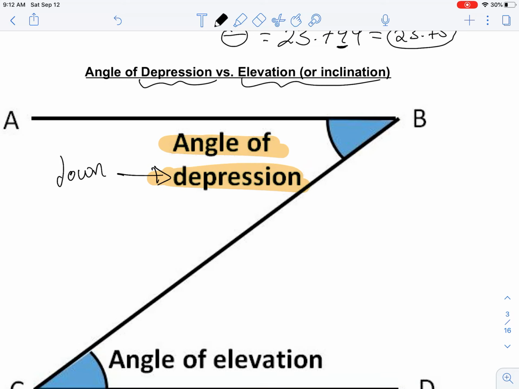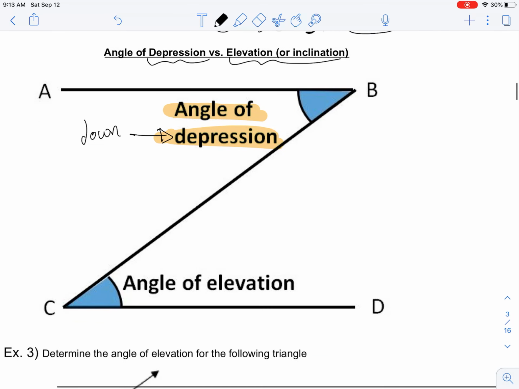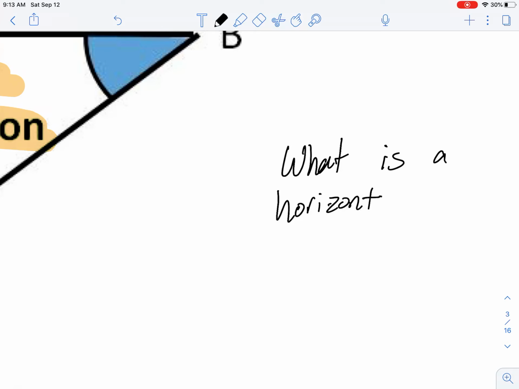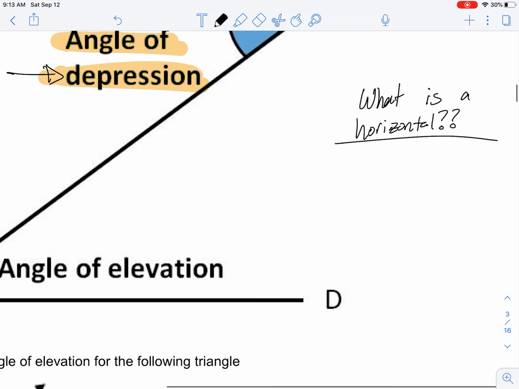Now, whenever you're talking about the angle of depression or the angle of elevation, you're either going up or you're going down, and it's always to a horizontal. So what is a horizontal? A horizontal is exactly what it sounds like.